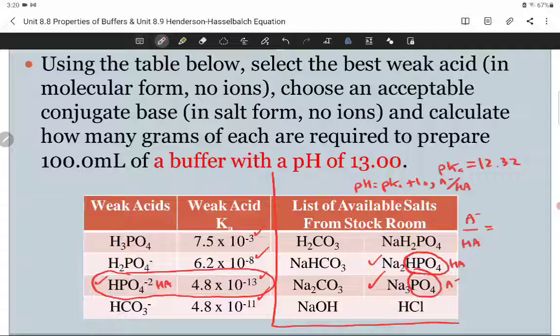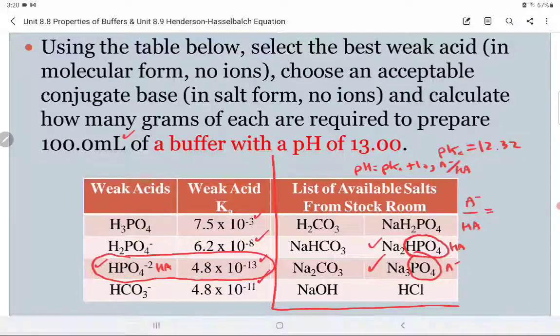Many of these chemicals on this list can also create buffers, but not the buffer that we're trying to make. Okay, so we're supposed to make 100 milliliters. Turns out that that is a very insignificant part of this math. Okay, because the ratio of the A minus to HA will not change if it's in 100 milliliters, if it's in 50 milliliters, if it's in 1,000 milliliters.